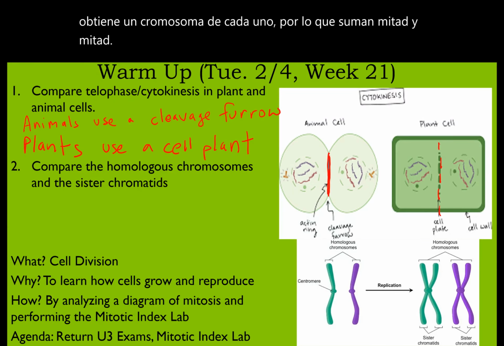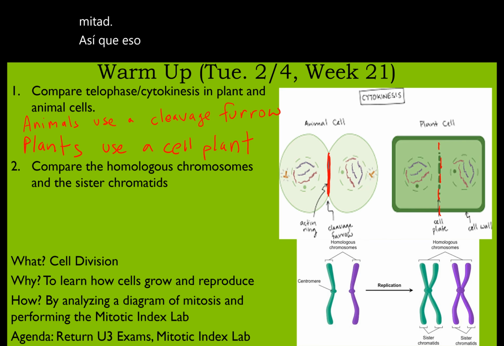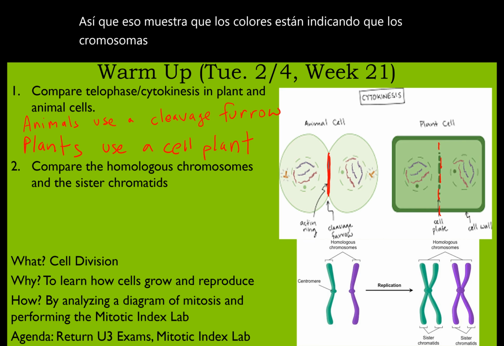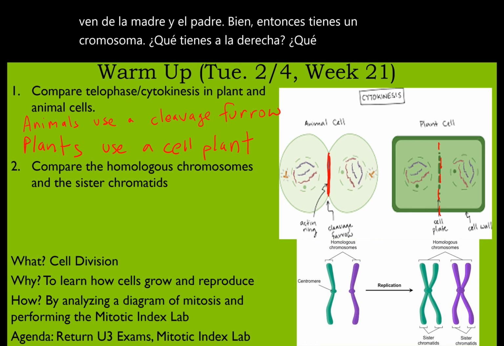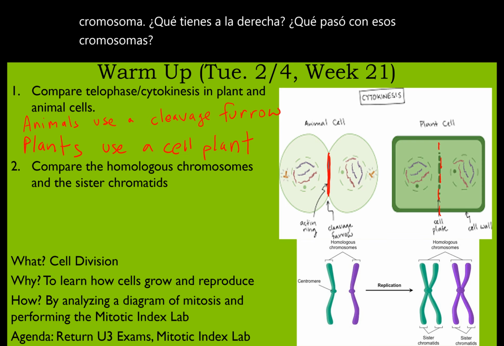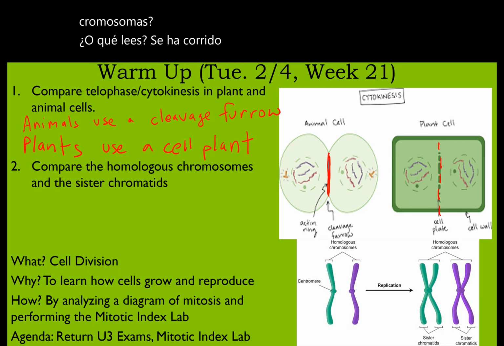So the colors are indicating the chromosomes that you receive from the mother and father. Okay? So you have 1 chromosome, and what do you have on the right? What happened to those chromosomes? What do you see? Or what do you read? There's a word up there that kind of describes what happened.